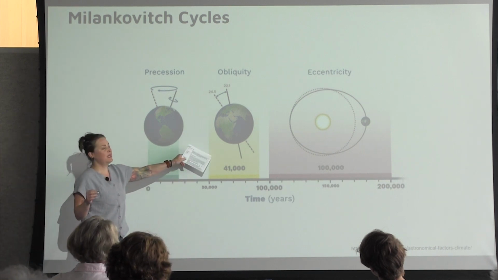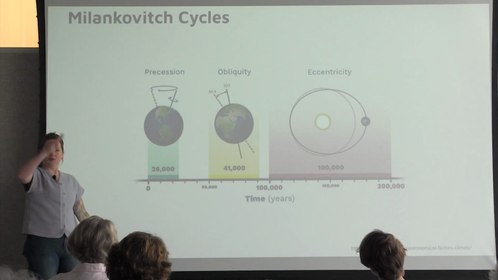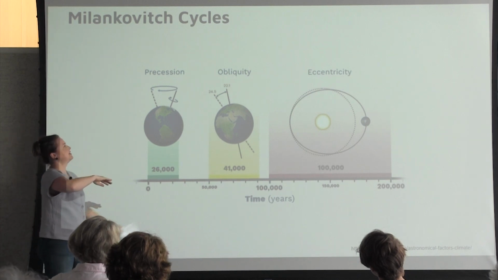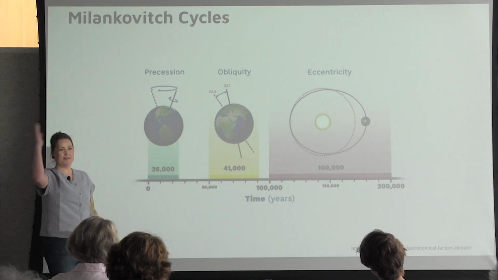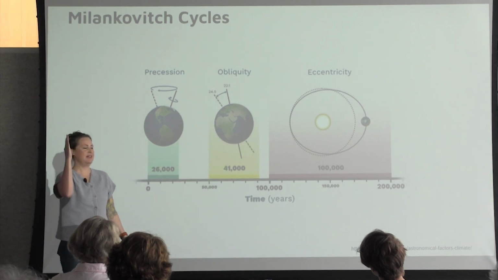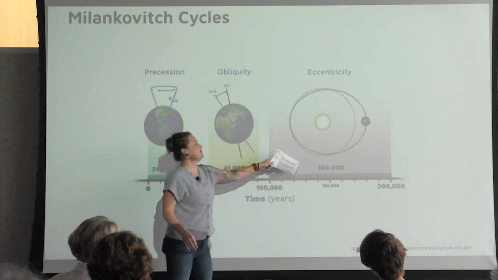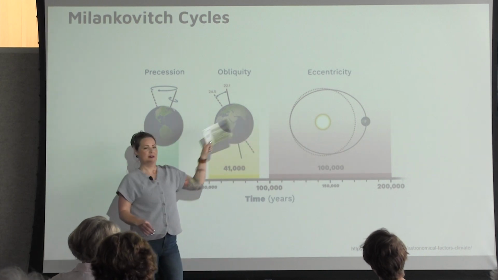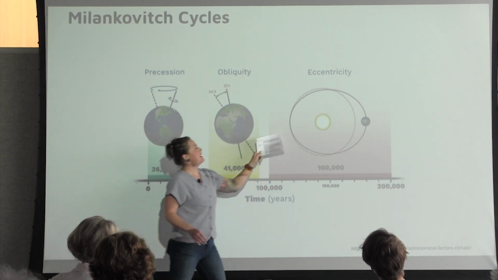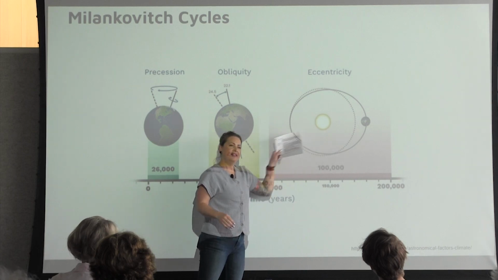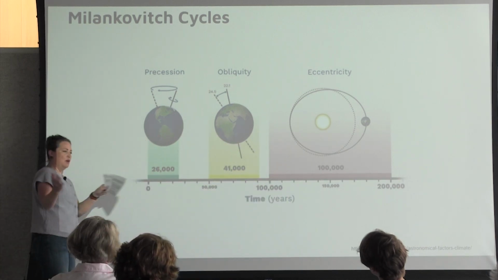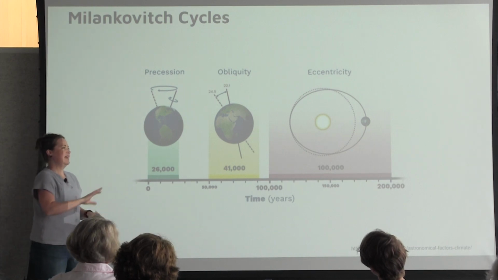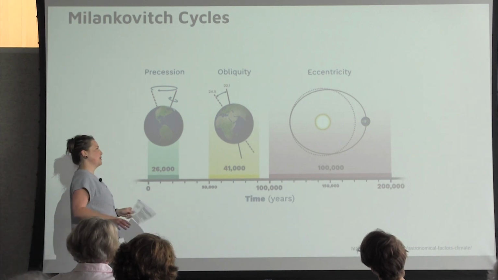You have obliquity, that's the tilt, how far our axis is off from true north, so we very rarely are hitting right at it. And then there's eccentricity, and that's the shape of our orbit. So sometimes it's more oval, and then sometimes it's more circular, and that can change how close parts of our Earth are at certain parts of the season, at certain parts of the year.